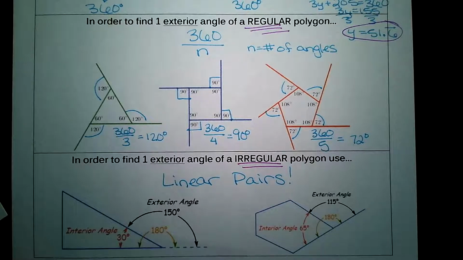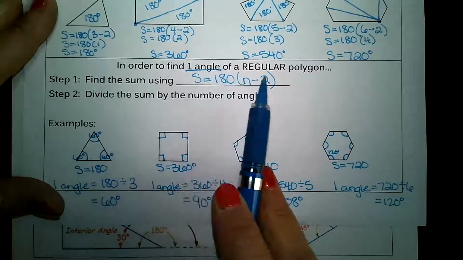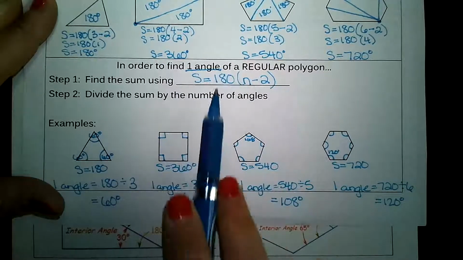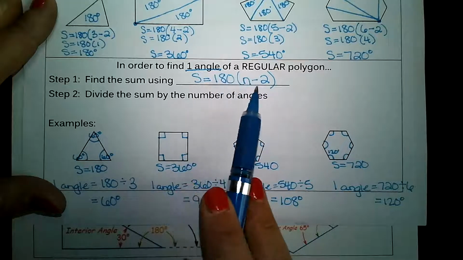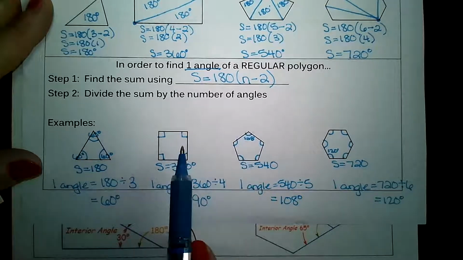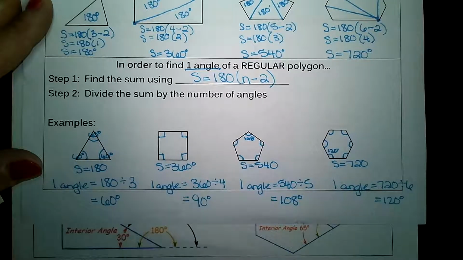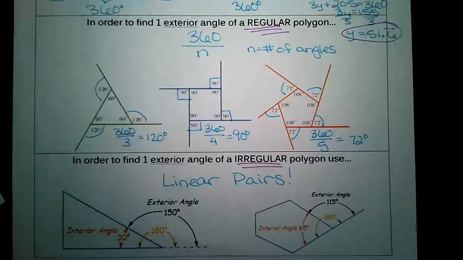In our last lesson, we learned how to find one interior angle of a regular polygon. Check this out from our last lesson. In order to find one angle of a regular polygon, we took our sum formula, s equals 180 times n minus 2, and we just divided it amongst all the different shapes. And that gave us our one interior angle.